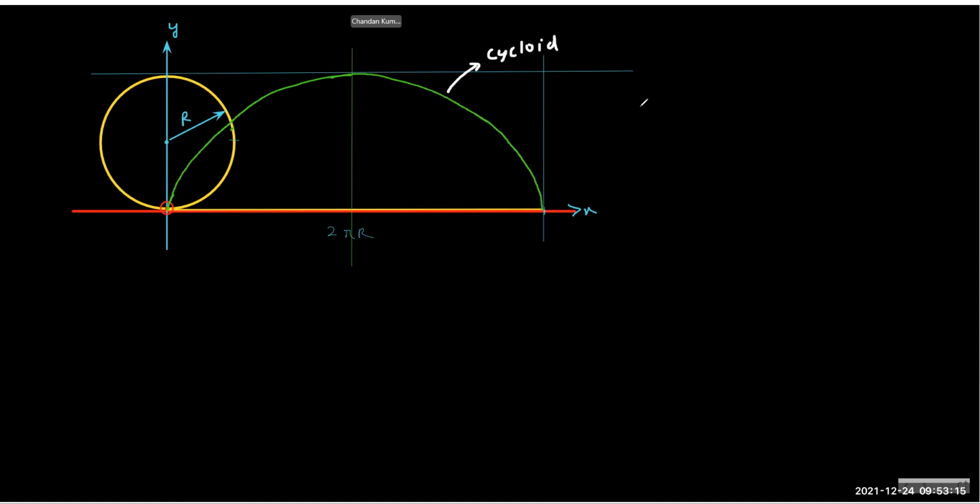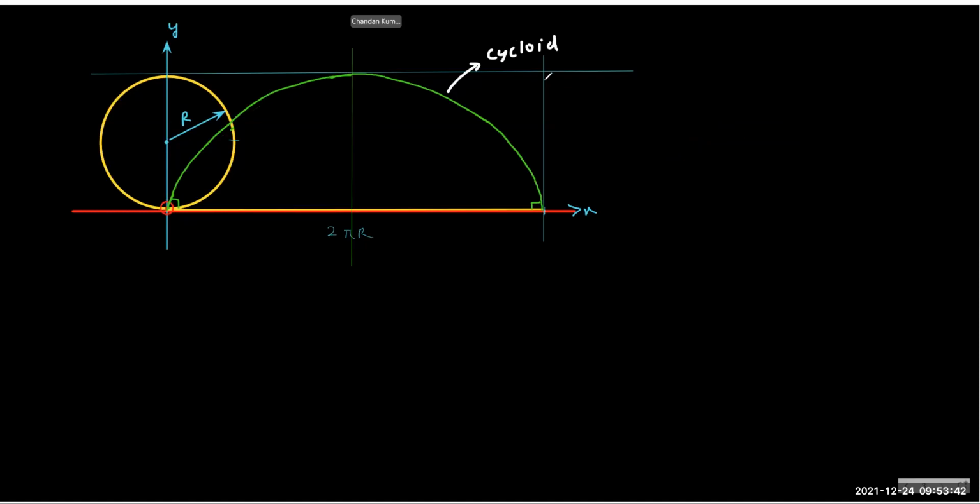In the examination, they may ask you only this question, what is the path, and they may give you a graph to identify which path is the correct demonstration of a cycloid. So what you need to look for is that the beginning and the termination must be at right angle. If it is not at right angle, it cannot be a cycloid for this particular case.